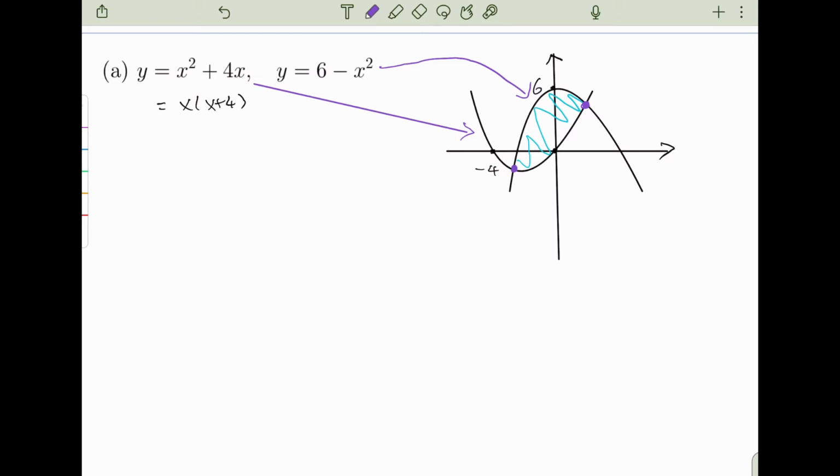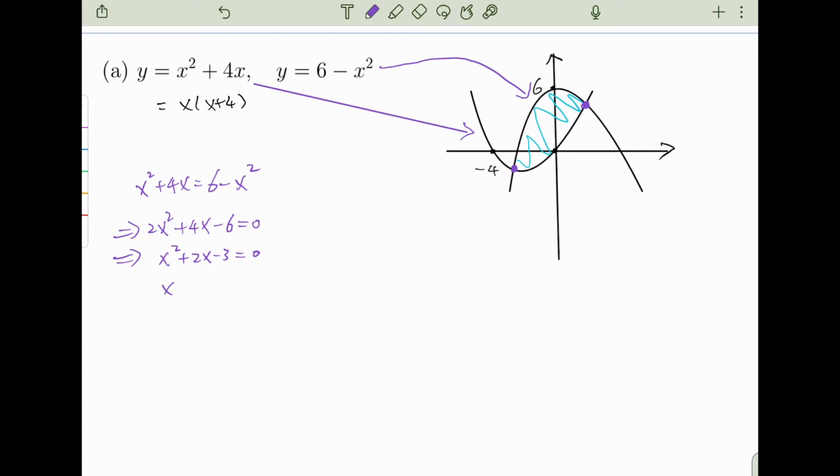So to find the intersection, we're going to let them equal. So set x squared plus 4x equal to 6 minus x squared, right? And I have 2x squared plus 4x minus 6 equals 0, which reduces to x squared plus 2x minus 3.